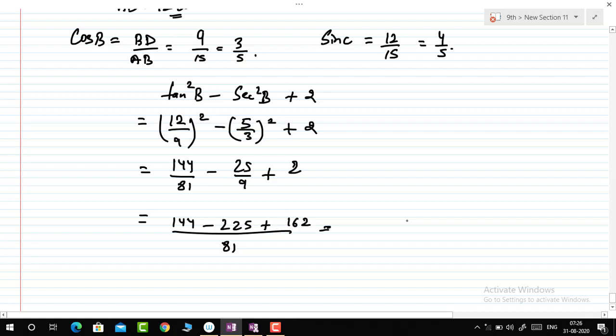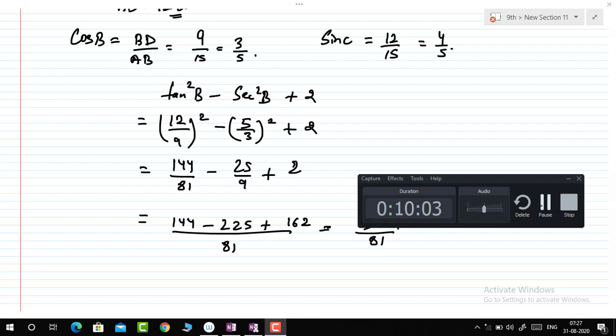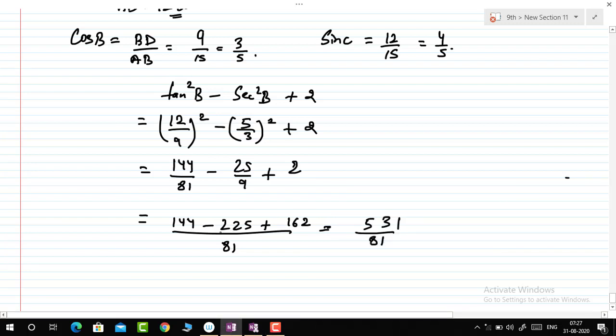Actually here it is minus 225, so the result will be 81. So we will get the value 1.